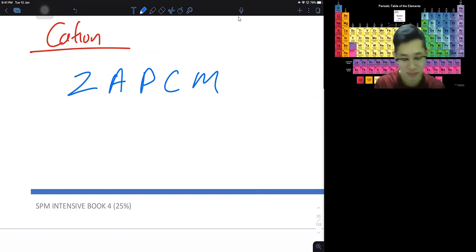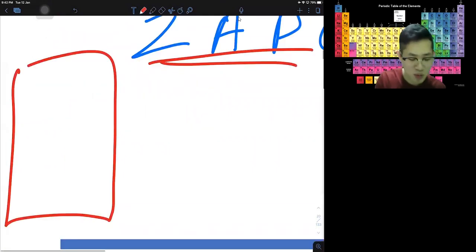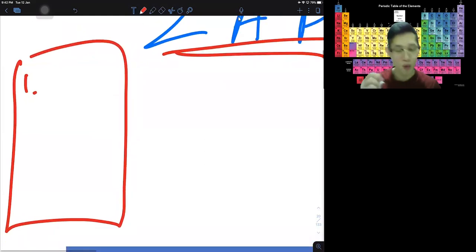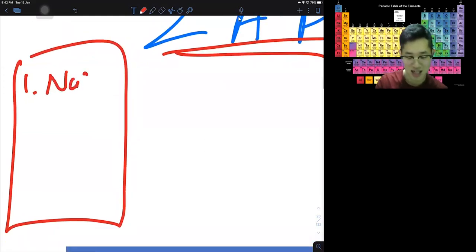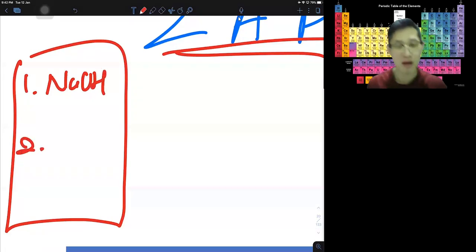Here is ZAP, and then there are still 3 chemicals here. The first one, never mind Dylan, number 1, is NaOH solution, very good. How about number 2?